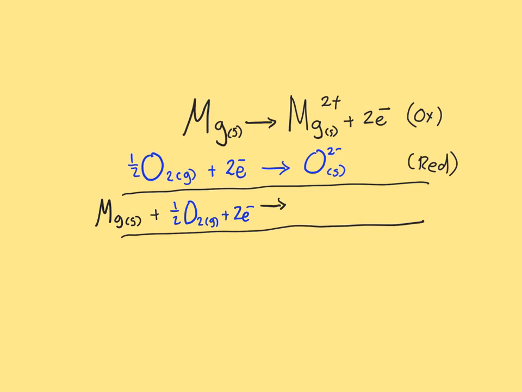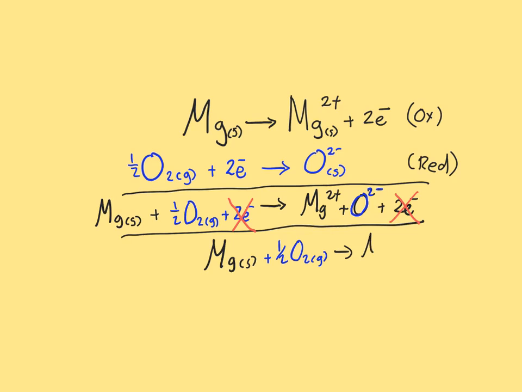And on this side we have magnesium ions and oxide ions and 2 electrons. And because the electrons are appearing on both sides, we can take 2 electrons from this side and 2 electrons from this side.